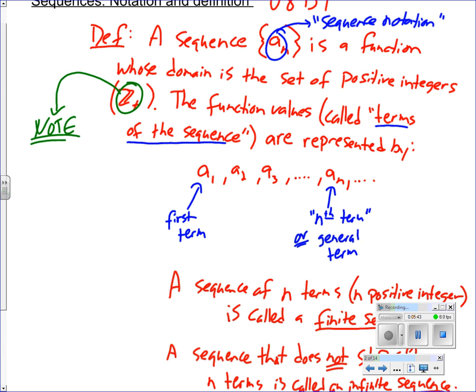Sometimes the real numbers are represented by R. Integers are represented by Z. And that's why positive integers we represent with Z plus. You might also see rational numbers represented with a Q.